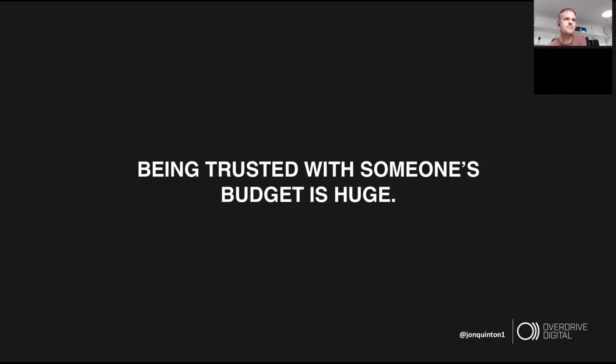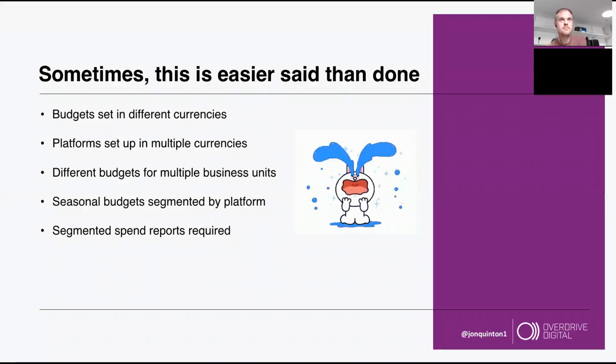They've gone through probably an extended process to get the budget, and then the fact that they've trusted you with it is massive. So I think it's a huge responsibility for anyone managing accounts, agency side, in-house, whatever. Getting the spend right is really key. So to me, this is really the first candidate for an automated report.